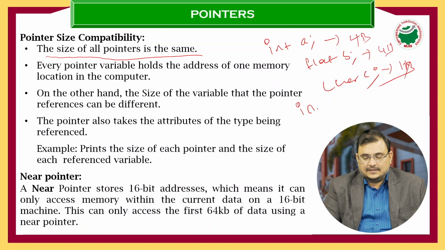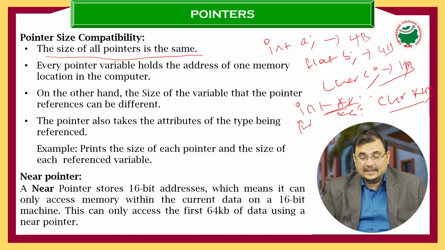But if you consider int star p, float star q, or char star x, all the pointers, if they are near pointers, occupy 4 bytes on a Linux platform, a 64-bit platform or a 16-bit platform. In a 32-bit platform, they occupy 8 bytes.